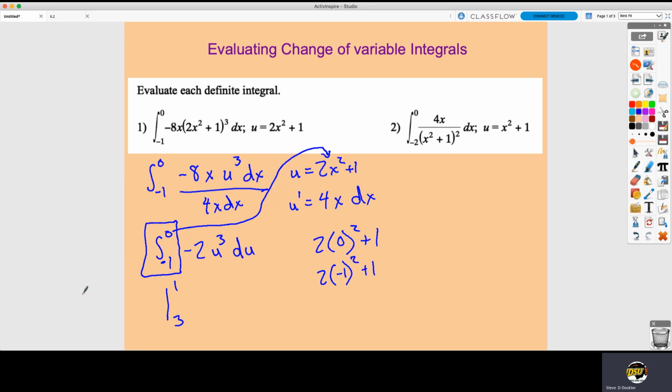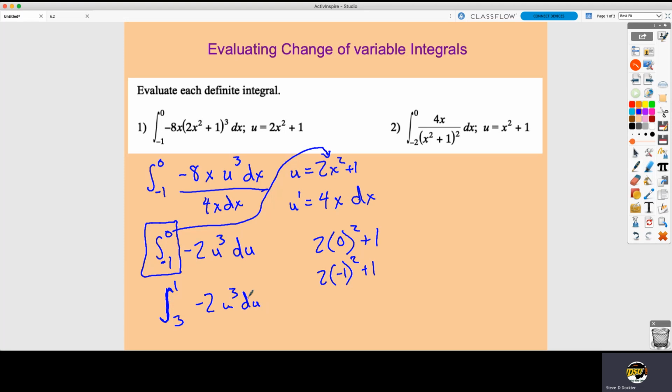Okay, and then we would just integrate this part. Whether you want to do this in your calculator or you want to do it manually, it's kind of up to you. It doesn't matter which way you go from here. I'm going to do it by the calculator. So I'm going to change this back to an integral sign. And then we've got 2 u cubed du.